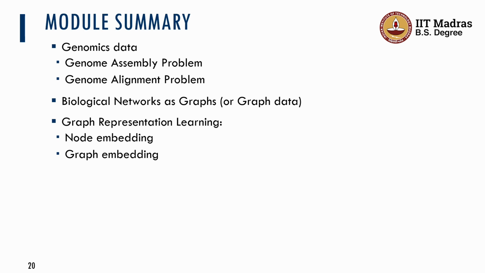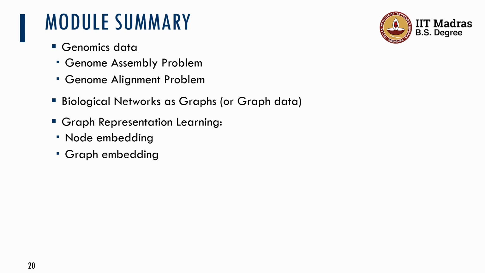Why are we interested in either node embedding or graph embedding? Because there are node related tasks. We want to classify nodes in certain cases. We want to predict certain properties of nodes. In that case, node related embedding is important. On the other hand, we are also interested in graph related tasks.